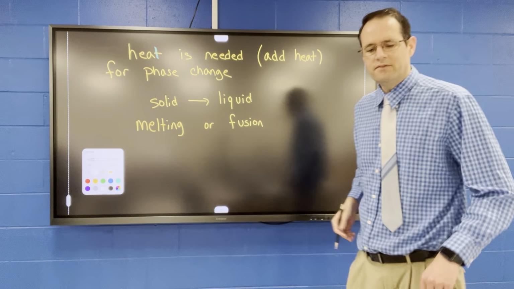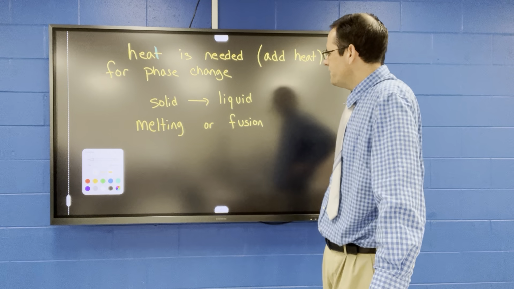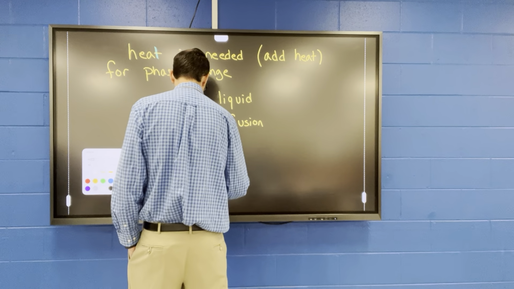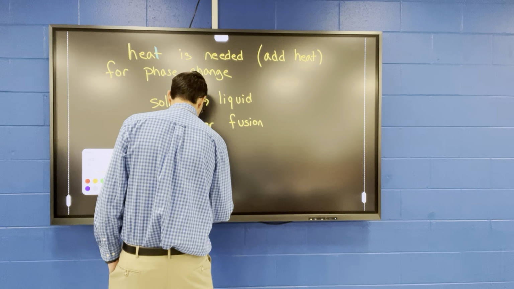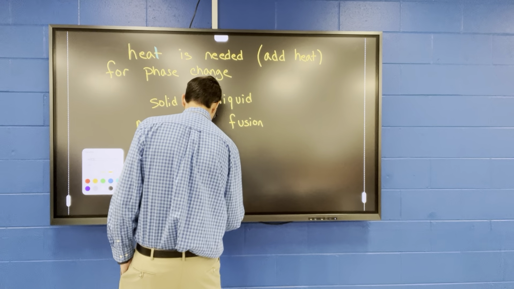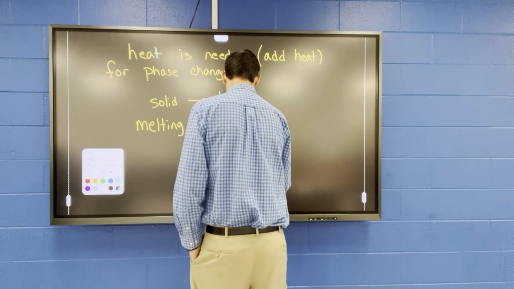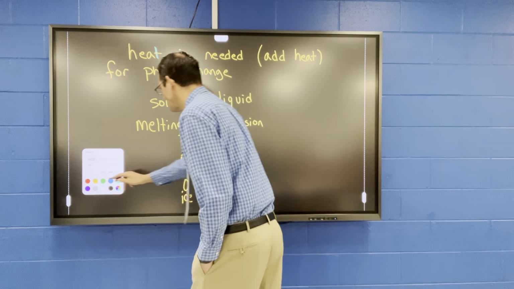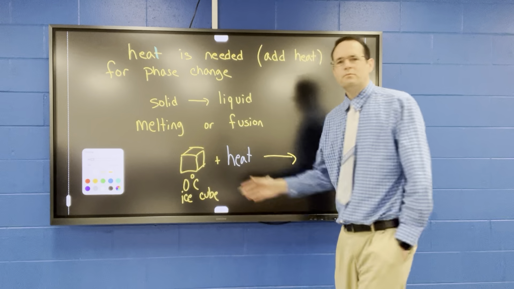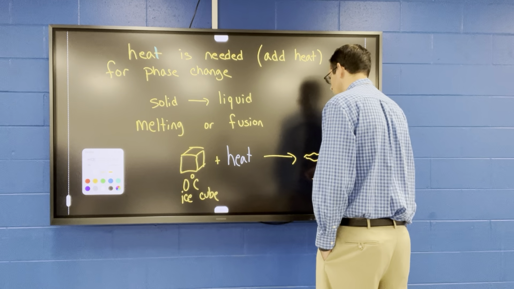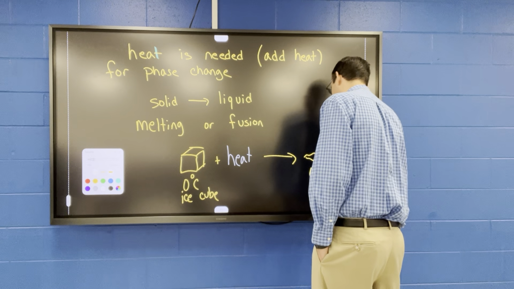And we have this idea of the latent heat of fusion. If you take ice, which is an ice cube at 0 degrees Celsius, okay, and you add heat to it, this material will transform to water at 0 degrees Celsius.